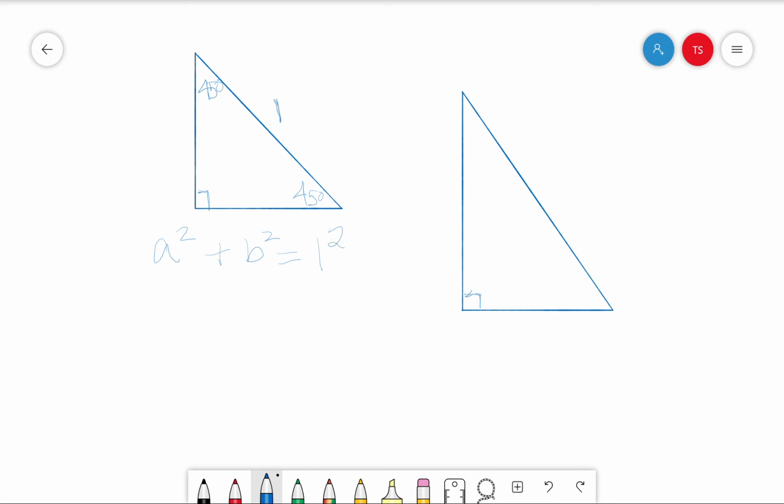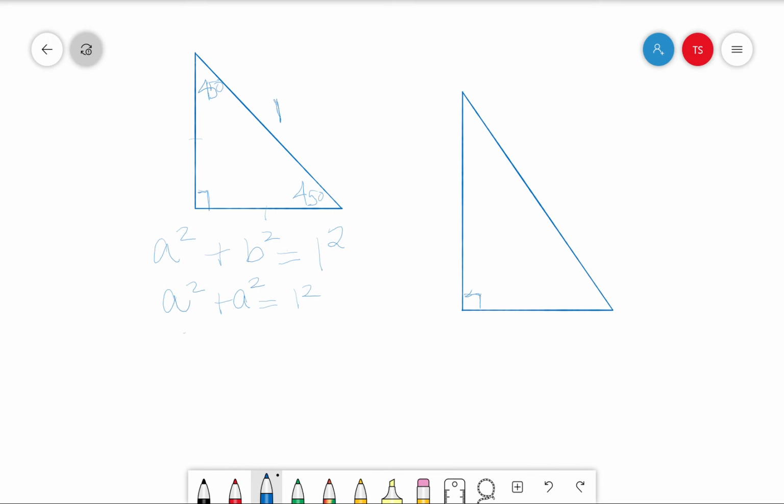And I know also that a and b are the same. So I can essentially write this as a squared plus a squared is equal to 1 squared. How do I know that they're the same? Because in an isosceles right triangle, the sides are the same. If your angles are the same, then the sides opposite are also the same.